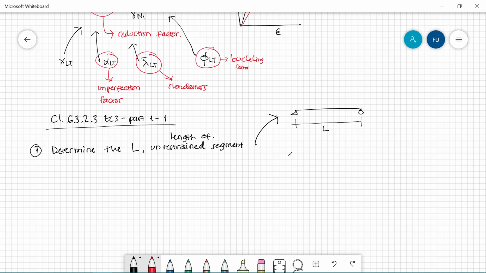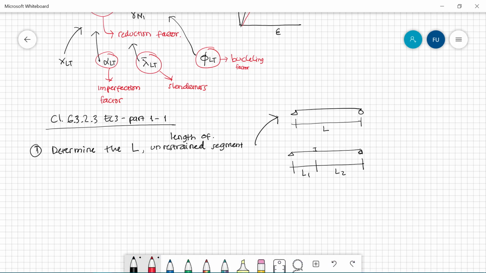When a beam has a secondary beam here, then the unrestrained segments will be two, L1 and L2.